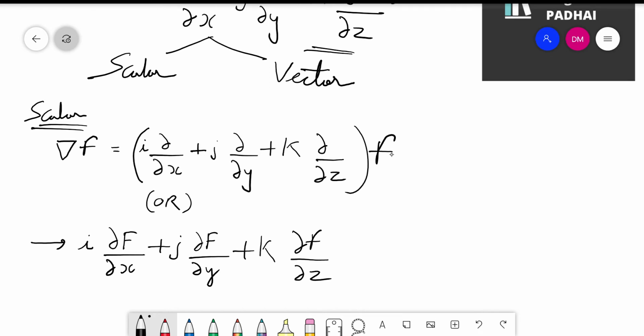This can also be called gradient of f or grad of f. It would be better to say gradient of f.